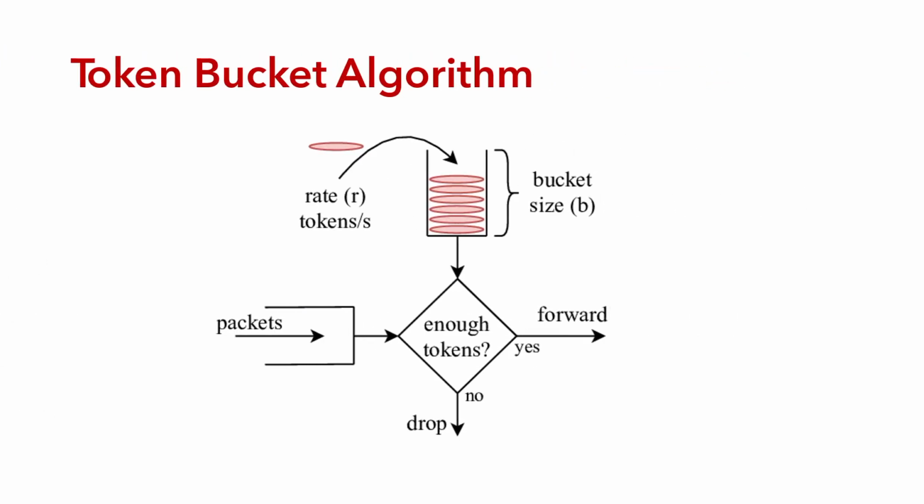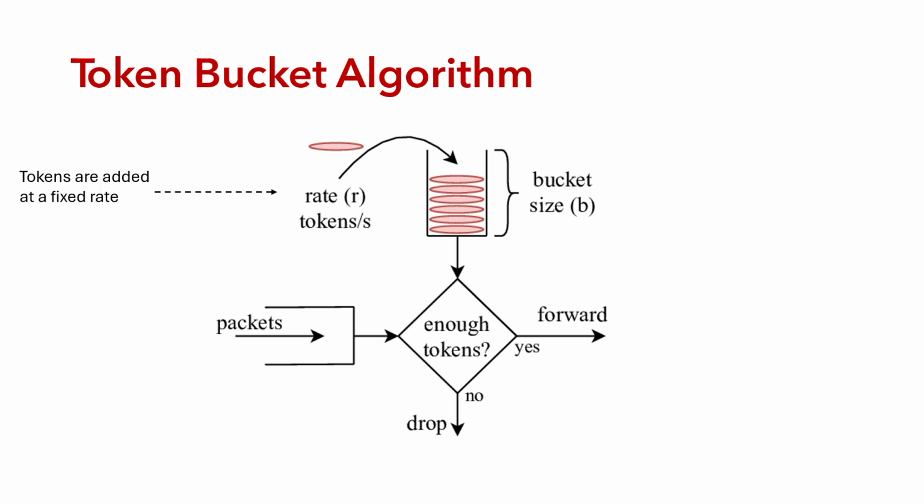Now we have seen where we apply policing and shaping. But how do they actually control the traffic under the hood? What decides whether the packet is dropped or delayed? This is where the token bucket algorithm comes in. Both mechanisms rely on the token bucket algorithm, and the idea is simple.